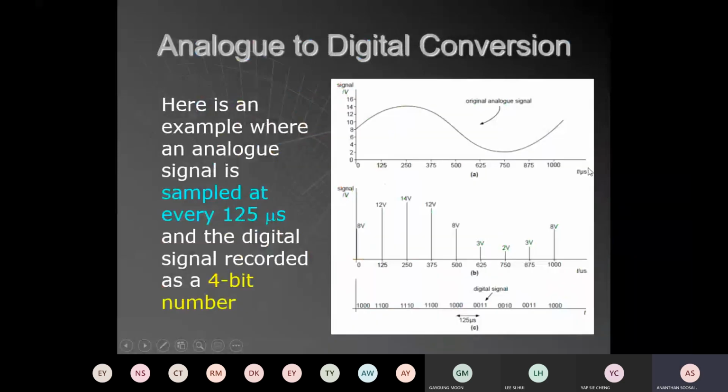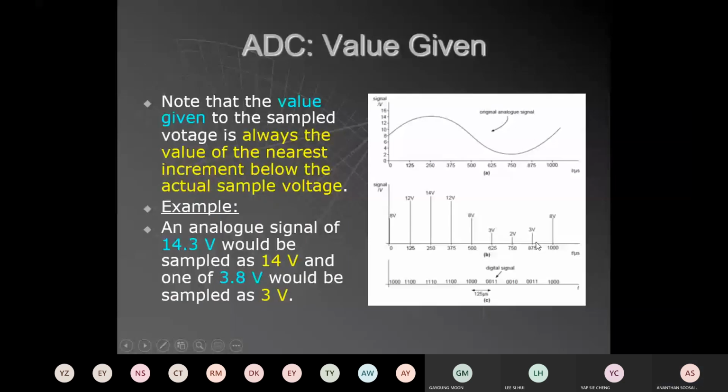Okay, so the other day I told you, you must know how to convert voltage to binary code. The maximum numbers go, I think, to 16 volts, not more than that. Here is something important at the third line: the value given to the sample voltage is always the value of the nearest increment below the actual sample voltage.